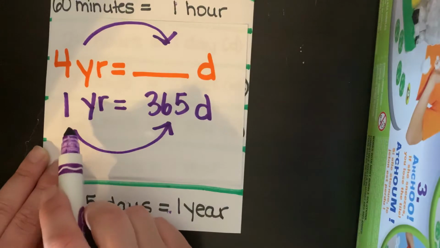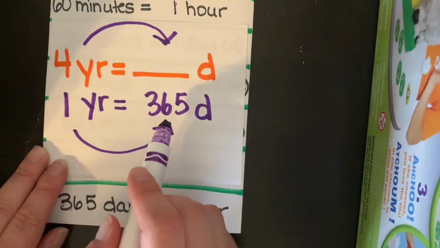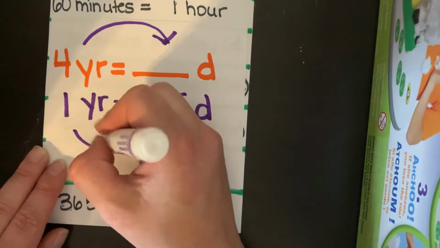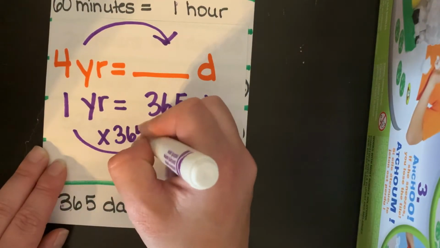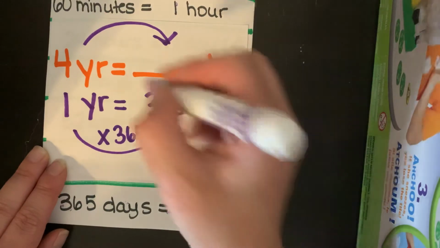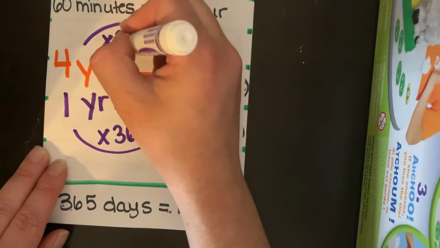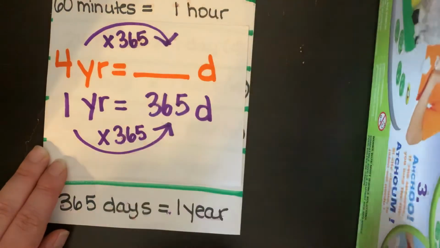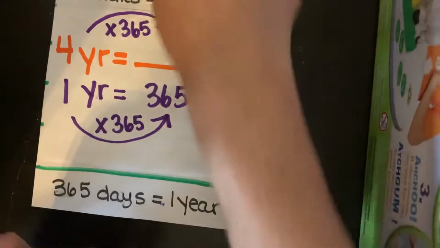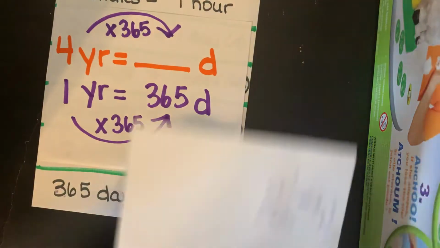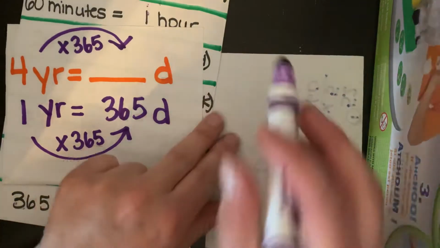Now when I went from 1 to 365, my whole number got bigger, so I'm multiplying. 1 times 365 is 365. So I want to do the same thing to my 4 years. Times it by 365. So let me get some scrap paper over here.